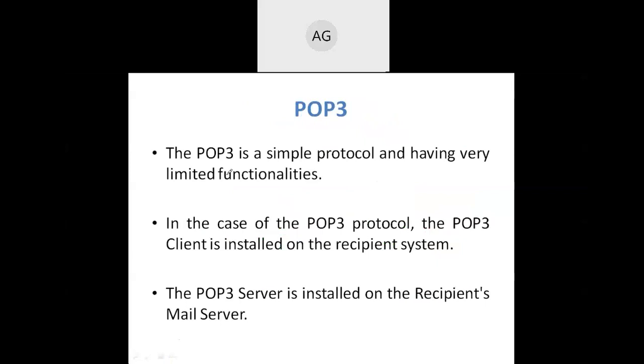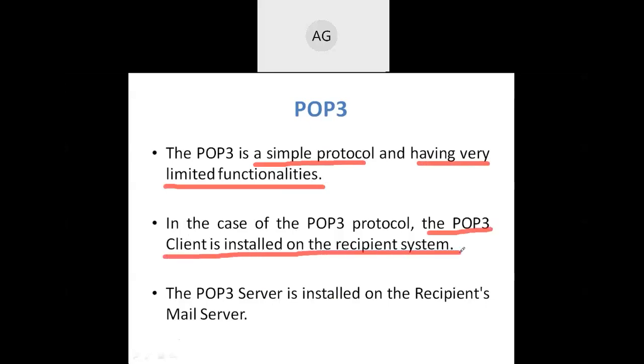The POP 3, which is version 3 of the POP protocol, is a simple protocol and has very limited functionalities. In the case of POP 3 protocol, the POP 3 client is installed on the recipient system. So first, in order to use this POP 3 protocol, we need to install this POP 3 client at the recipient system. The POP 3 server is installed on the recipient mail server.